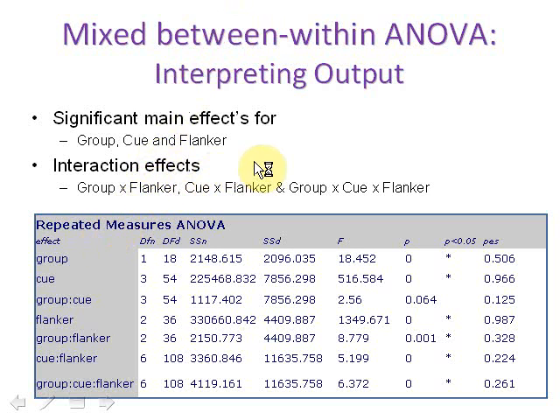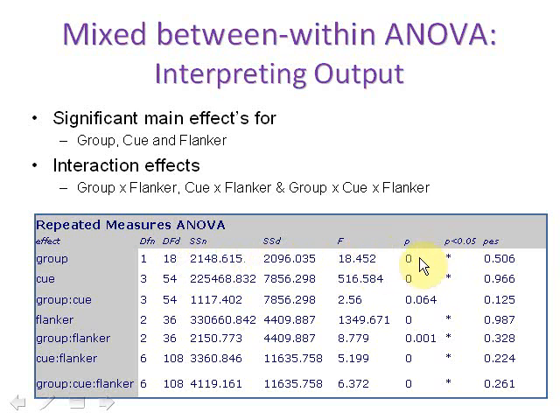So the analysis is performed as a repeated measures ANOVA, and this allows us to pull out significant main effects for the group, the cue and the flanker separately, and their interactions. This table summarises the kind of things you see. You see a set of the different levels of the model, and it tells you the degrees of freedom and so on.